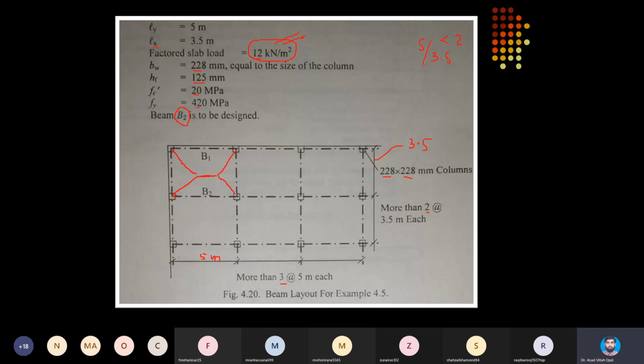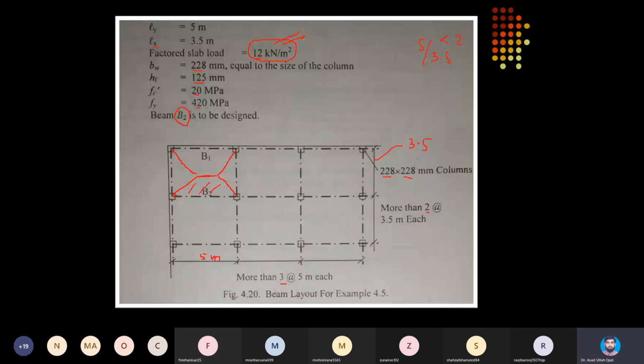So when the aspect ratio is less than 2, we will get division of the slab into 2 trapezoids and 2 triangles. If the aspect ratio is exactly 1, we will get all triangles. But if it is greater than 1 and less than 2, we will get trapezoids and triangles.